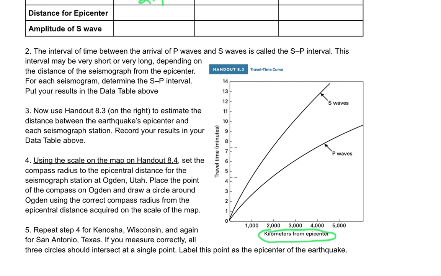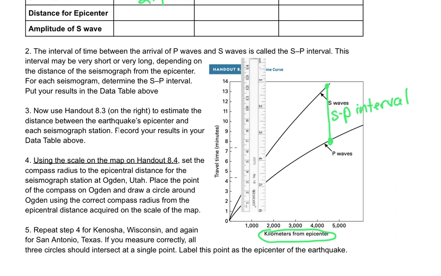So the difference between these 2 lines, right, shows how many minutes away the S and the P wave are. So this difference is actually your SP interval. We want a line between these that represents 2.4 minutes. And the easiest way to do this is to use a ruler.